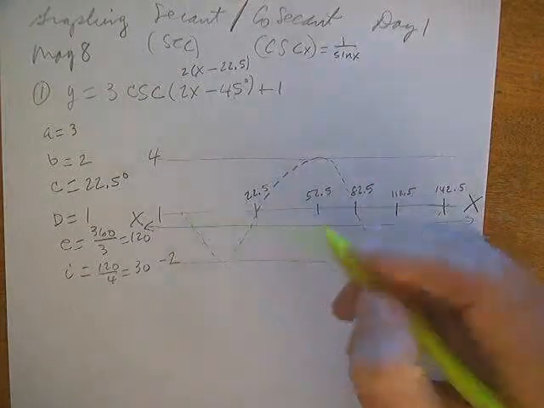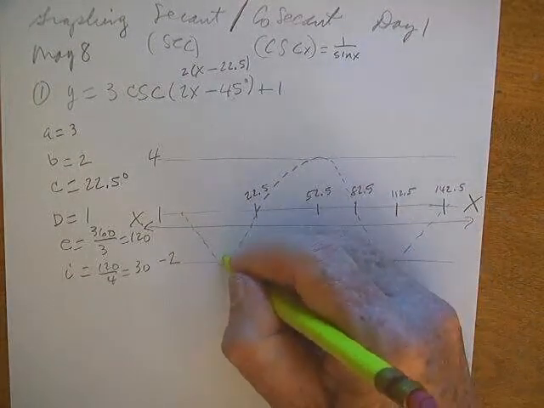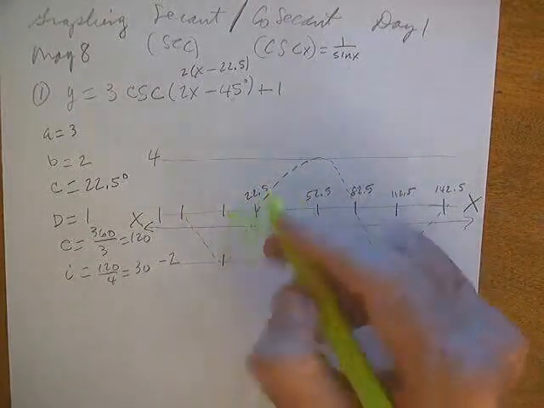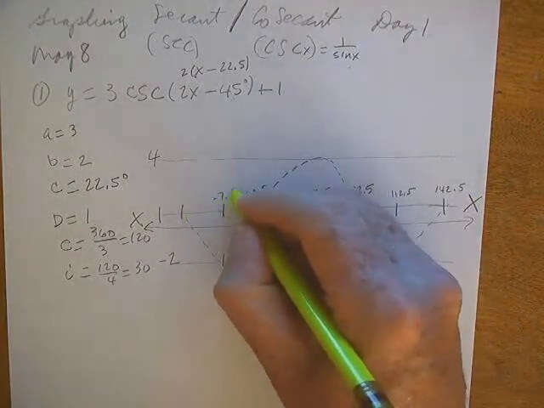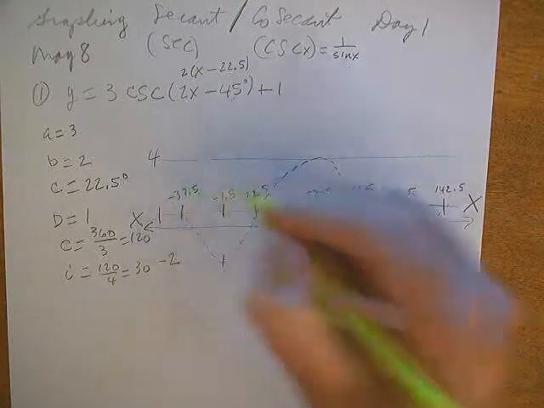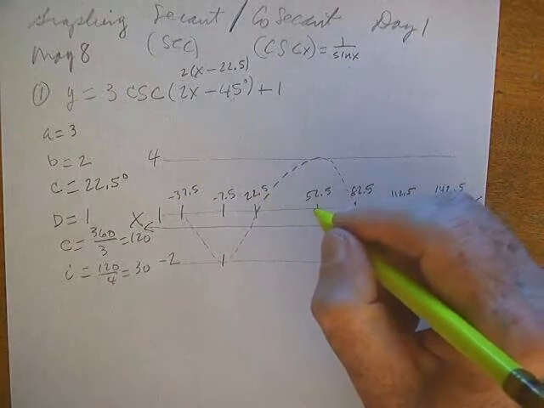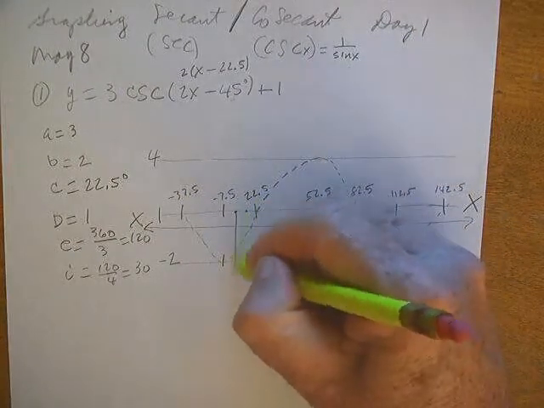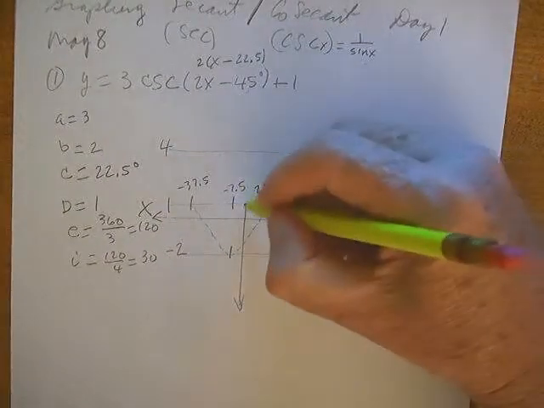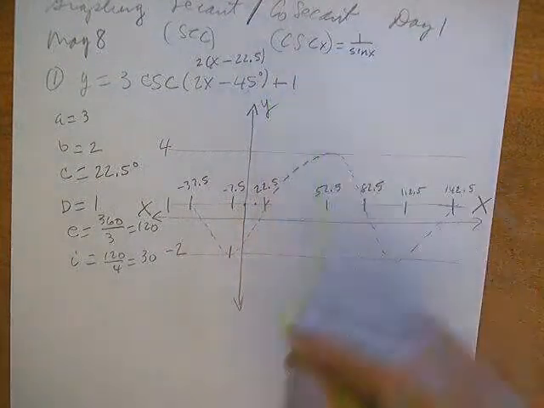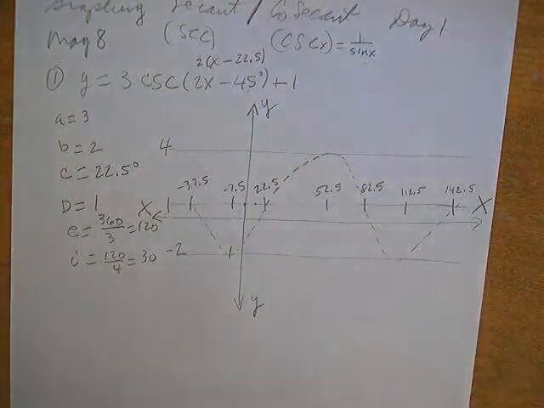We did have enough room to backtrack over here. So let's subtract 30 from that. You're going to get negative 7.5, and subtract 30 from that, and you're at negative 37.5. And of course, 0 is going to be about 1/3 of the way right there. So there's your y-axis.